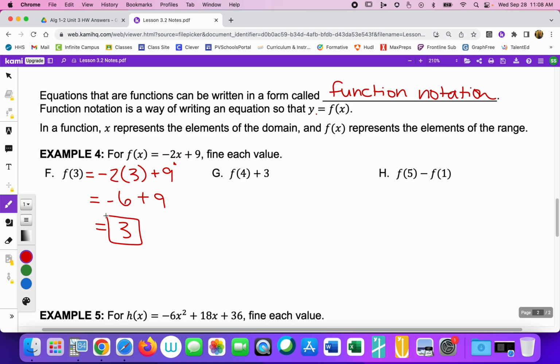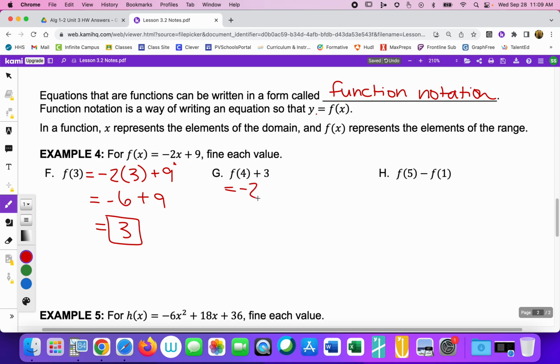Now we're going to step it up a little bit. What do you think this one's asking you to do? What's this part asking you to do? Put 4 in where x is in the original function, and then it's telling you to add 3 on the end of it. So what that would look like, since I may need more room, I'm using the same function.